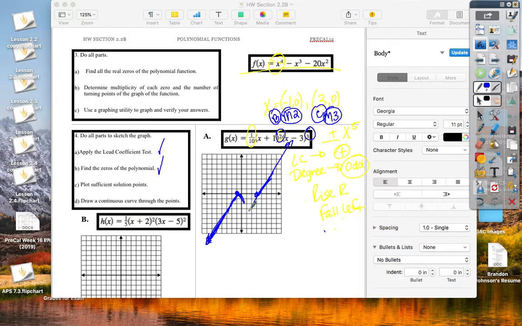Another option is coming pretty close by plugging in a value that's close to the middle between -1 and 3. So maybe we could make a t-chart here, since it says plot sufficient points. We could plug in 1 and maybe even 2 to see what we get out. I think 1's going to be sufficient.